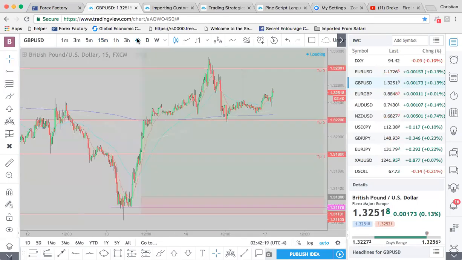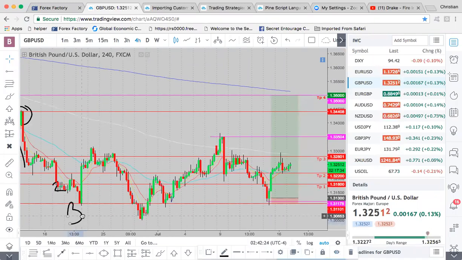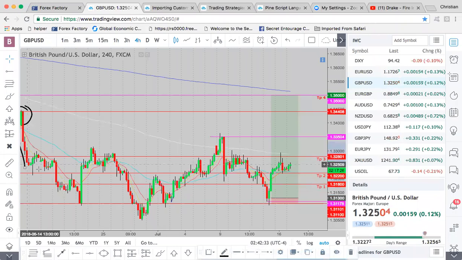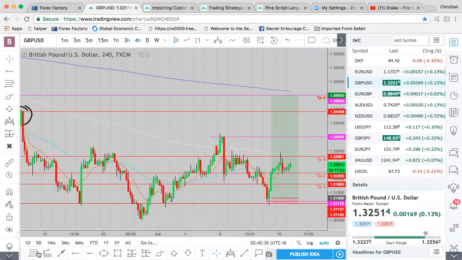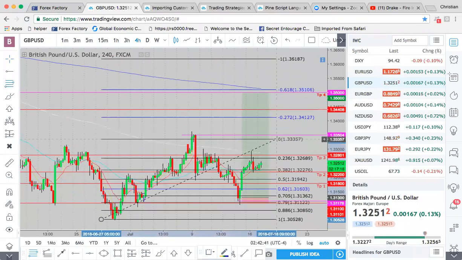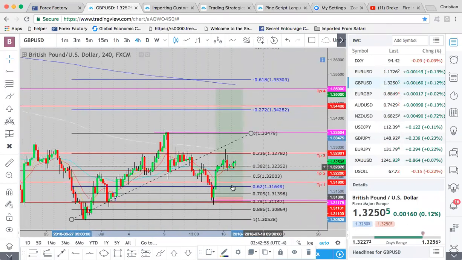So higher time frame, 4-hour time frame. As we see, we have our left shoulder, and we have our right shoulder. Low, high. Gave us a deep retracement. Never broke the left shoulder at all. So we're anticipating a break of the base to continue this bullish move.